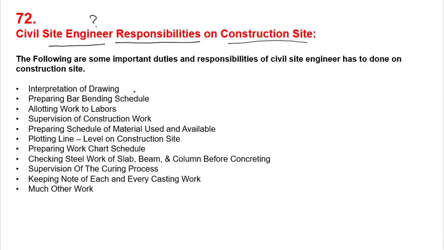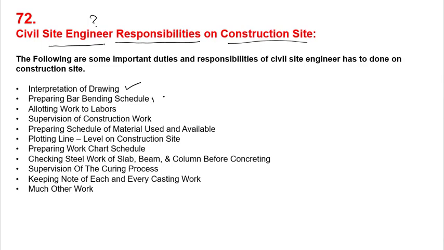So I have mentioned a few of the important responsibilities. The following are some important duties and responsibilities of a civil site engineer on construction site. The first is interpretation of drawings. You must know how to read and interpret the drawings.